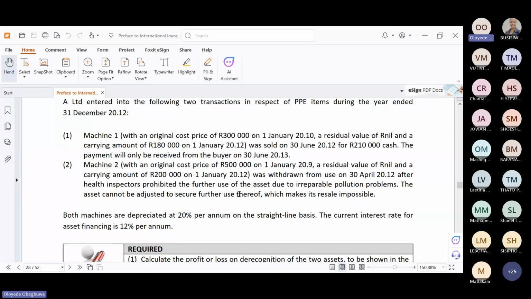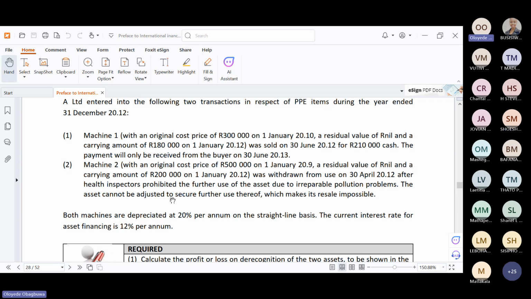Once we determine that, you know how to determine the carrying amount. Cost minus accumulated depreciation will give you a carrying amount. When you have a carrying amount and you deduct depreciation again, you have another carrying amount. So what we need to do now is to determine the depreciation of this asset up to 30 June so that we'll be able to determine the carrying amount of the asset sold at the date of disposal.